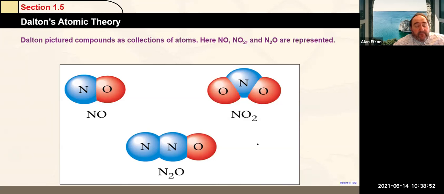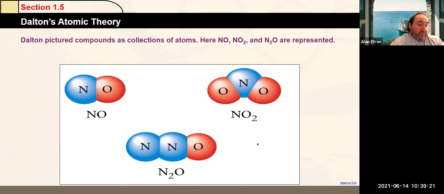Here in this example, we have 3 different compounds that are formed, although they are all formed from the same 2 elements. They both contain nitrogen and oxygen. But again, the different arrangement and the different amounts of these elements gives us different compounds, which obviously have different properties as well.